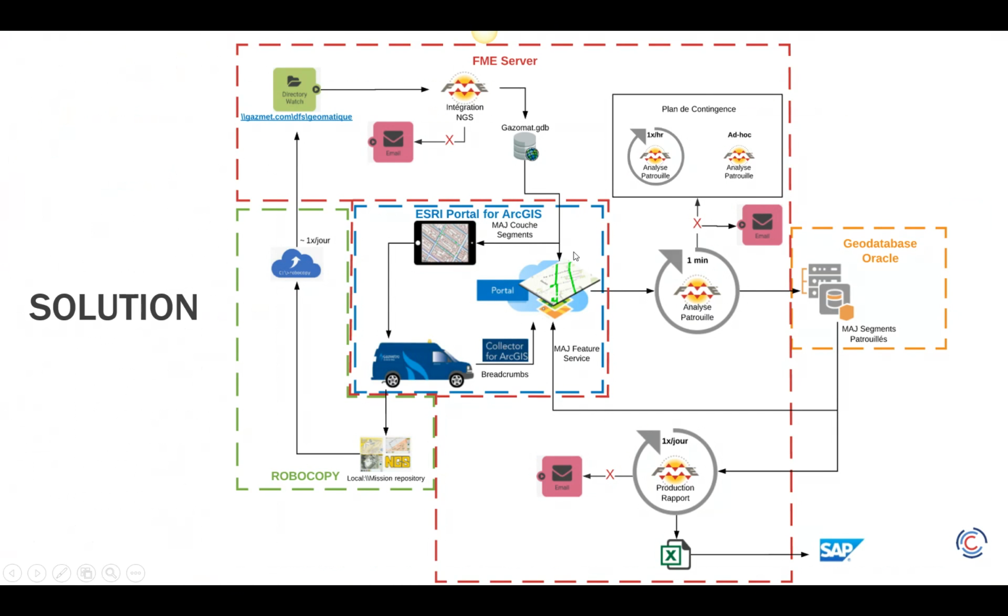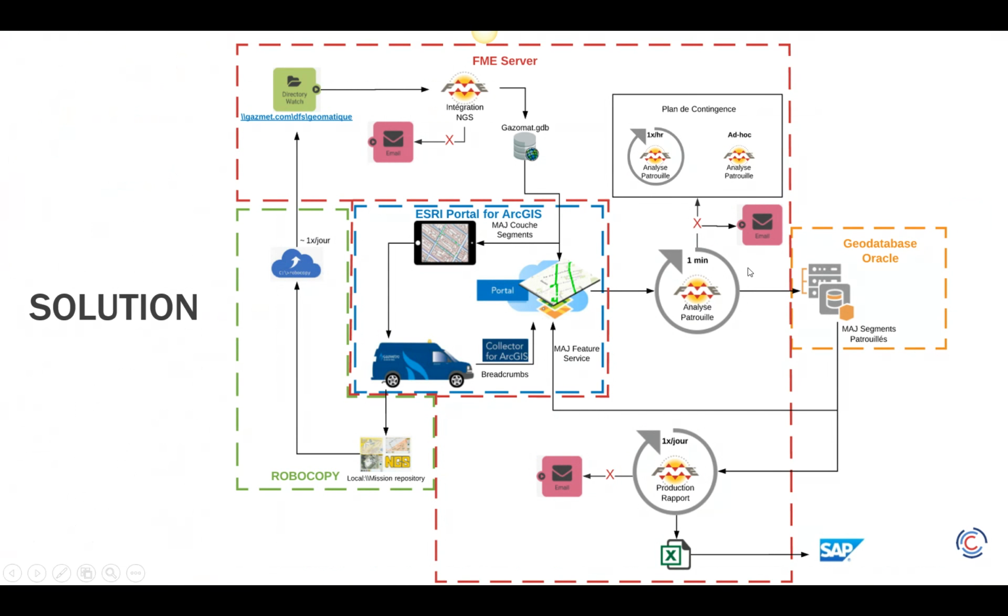So they're using this to collect the data, and FME server is being used to actually do the live geoprocessing. Every minute a process runs to pull all the newly collected points from the tracker data, which is being pushed live to the server, and calculate which pipes had been sufficiently covered to consider them inspected.